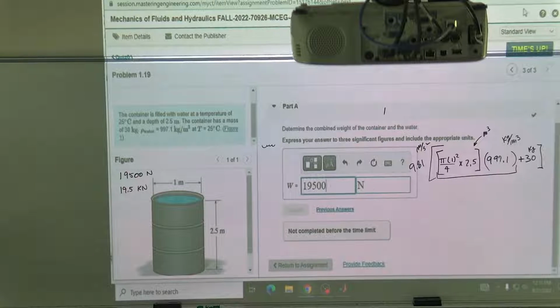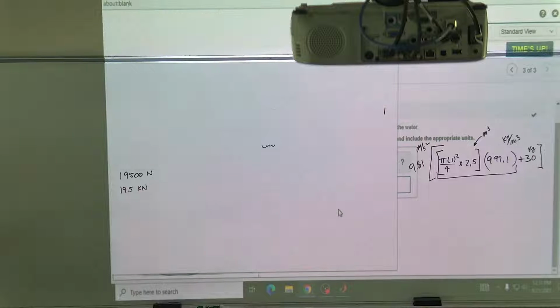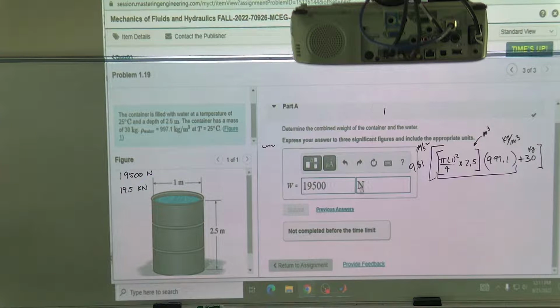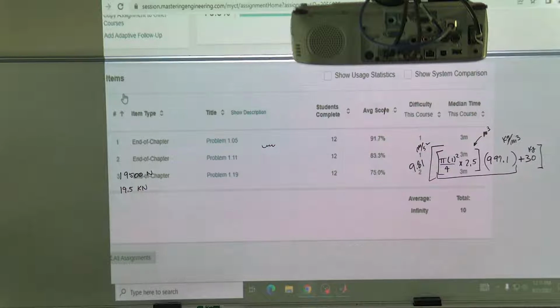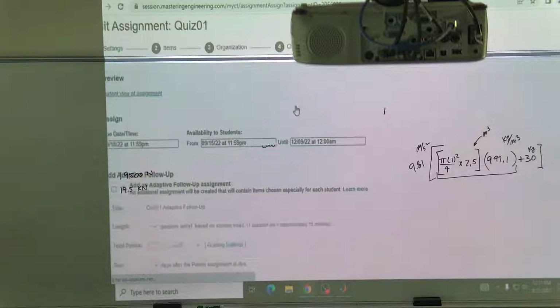So I can't enter it because the time's up. Previous answer? You don't have one. How do I do this then? I'll tell you what I could do. I'll go ahead and change the due date so I can enter the answer.